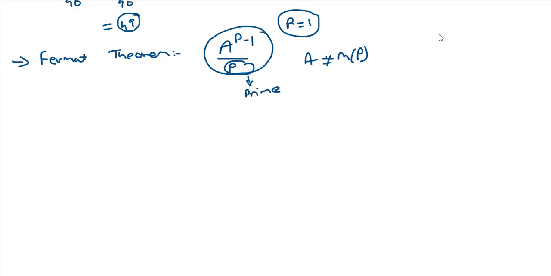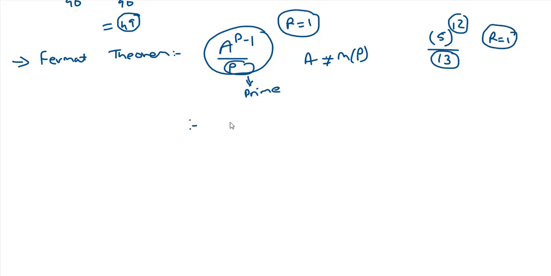So if we take an example, let's say 5 raised to 12 when divided by 13. Since 13 is a prime number and this is 13 minus 1 and 5 is not a multiple of 13, we can say that the remainder in this case will be equal to 1.